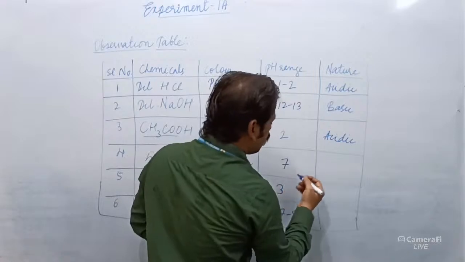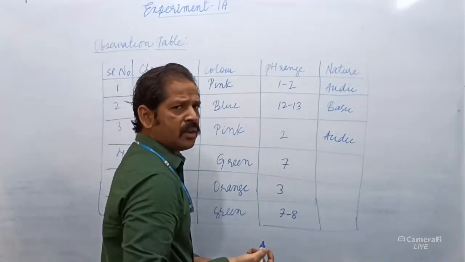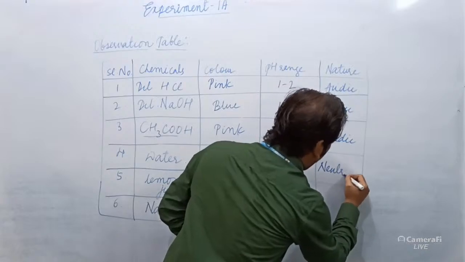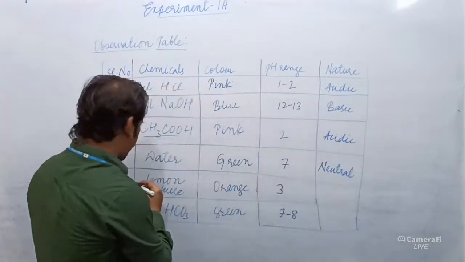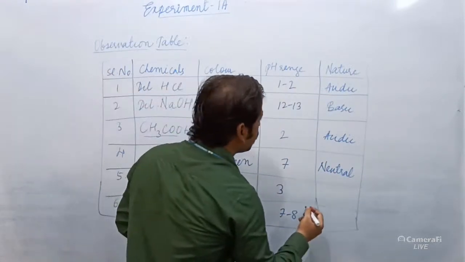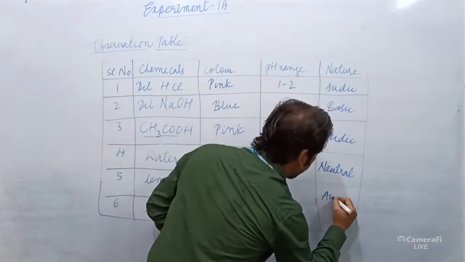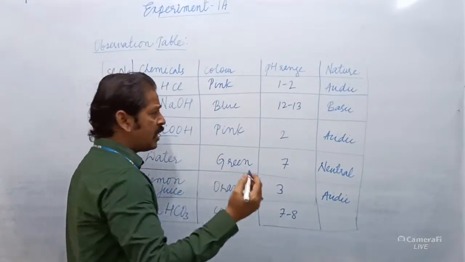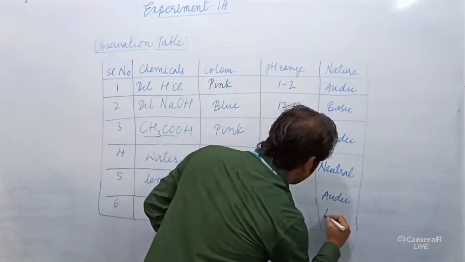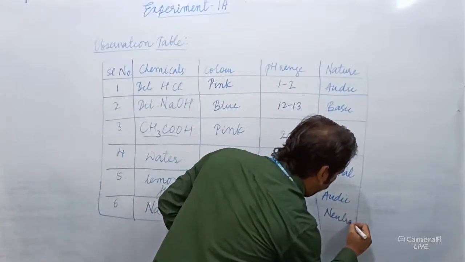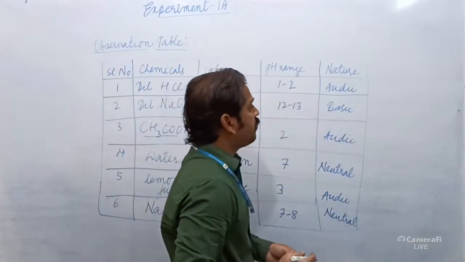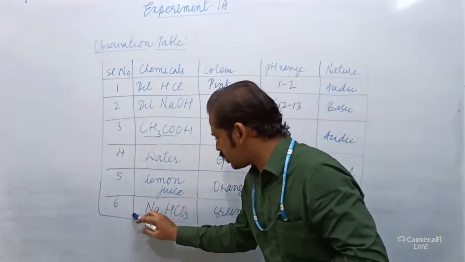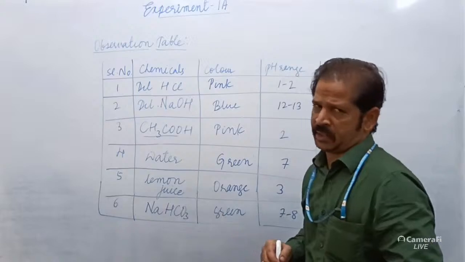Green color is usually a salt, that is neutral. Lemon juice at 3 is acidic. On one side, green color is neutral. Yes, we have got different colors, and we still have confusion about this chemical. It should be acidic.